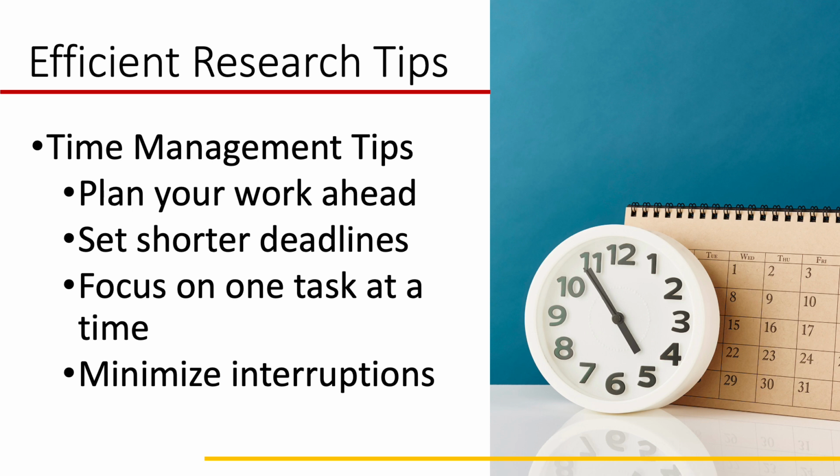Minimizing interruptions will help you stay focused on one task and will make you a much more efficient researcher, because every time you shift focus, you're spending what are known as shift costs. You're wasting time shifting your focus. So try to minimize interruptions. So those are my suggestions on time management tips.